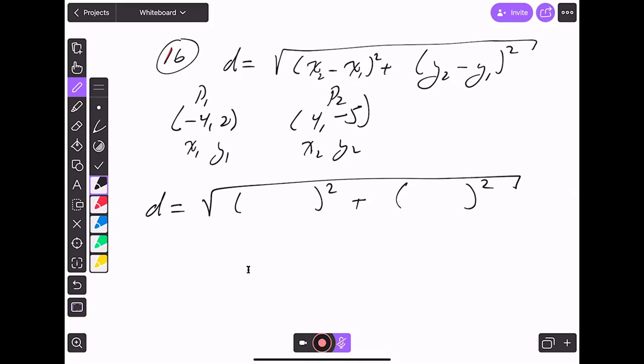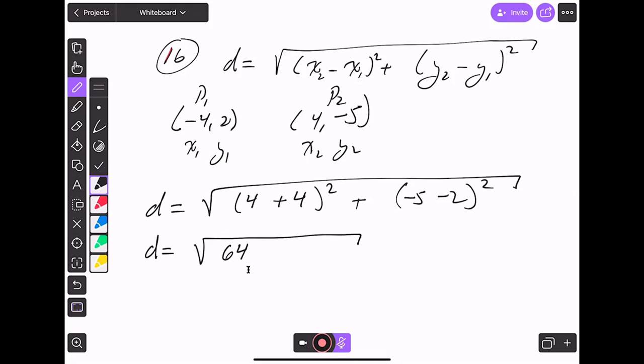No, you don't have to label these things. Let's take a look. X2 is 4, minus a -4 is +4. Let's see. Y2 is -5, minus 2. That's not so bad. What's D? Well, it's going to get a little bit easier. 4 plus 4 is 8. 8 squared is 64. -5 minus 2 is -7.